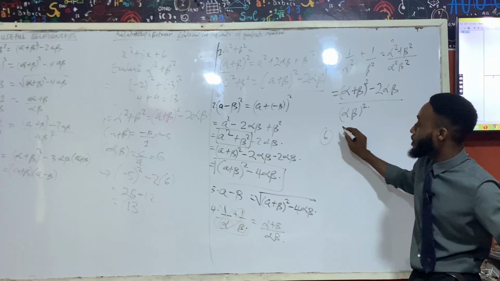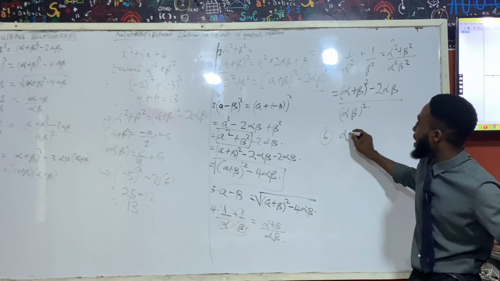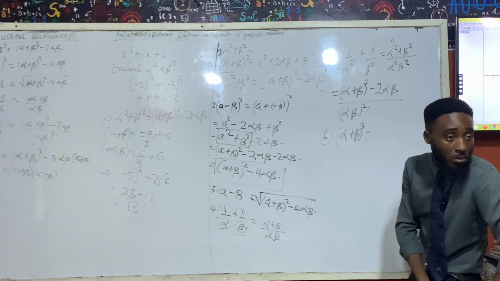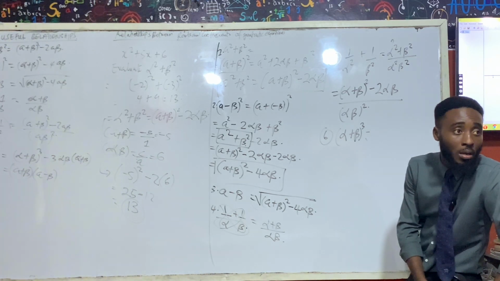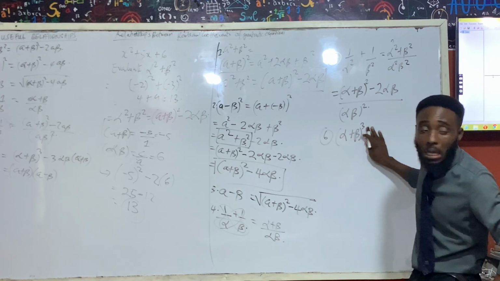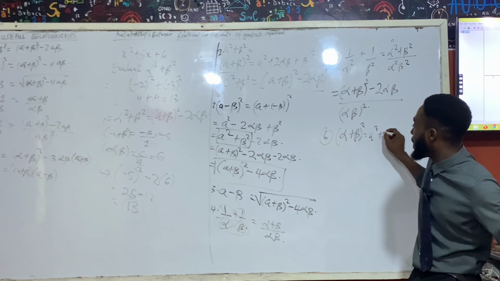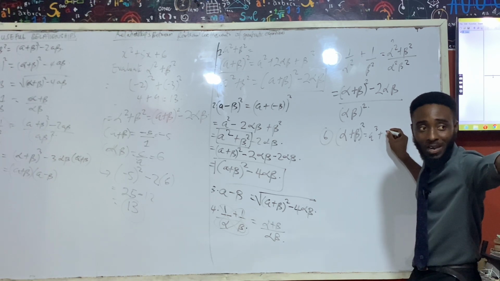What's the expansion? Let's start from the expansion for alpha plus beta all cube. Use your Pascal triangle. It'll be what? Alpha cube plus, what's the next term?